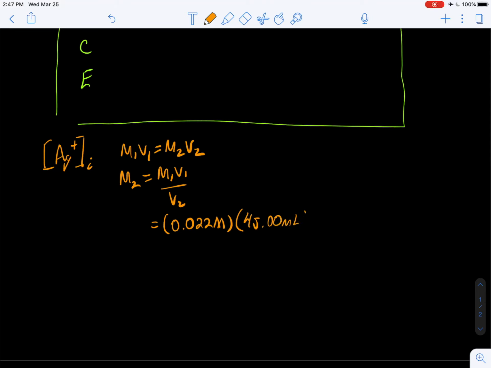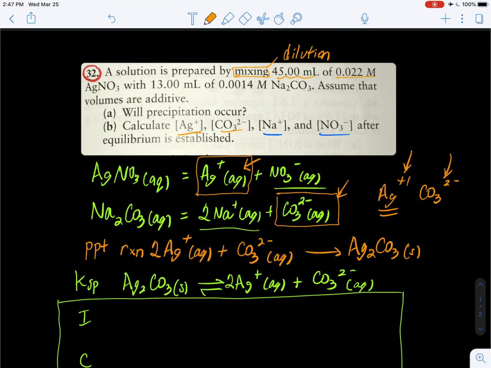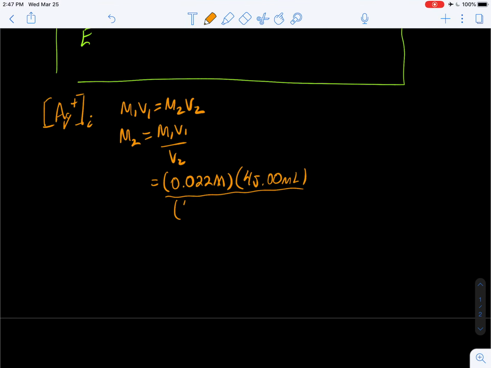And V2 is going to be the total volume. The total volume is going to be the additive of these two solutions. So it's going to be the 45 milliliters plus the 13 milliliters. Okay. Milliliters is going to cancel, and you're going to be left with the molarity afterwards.